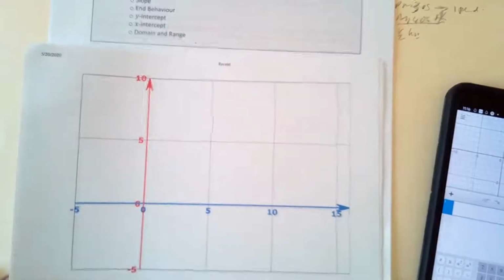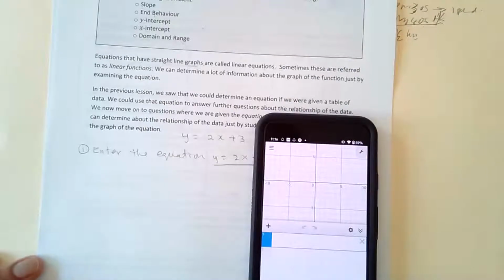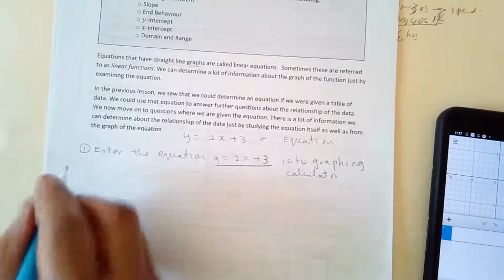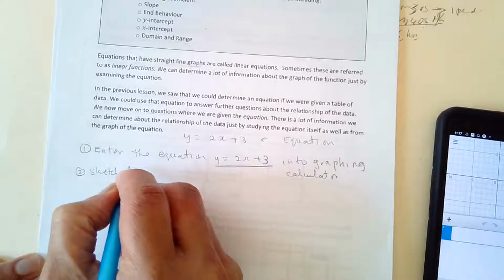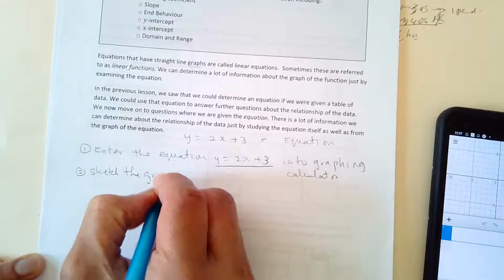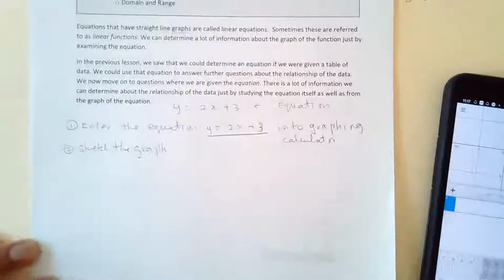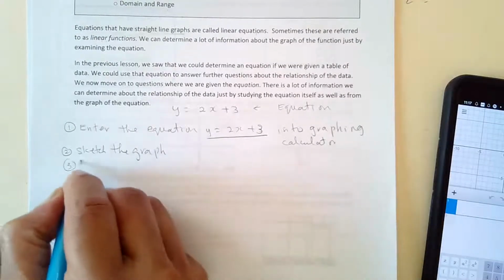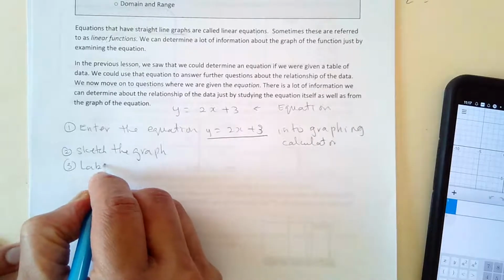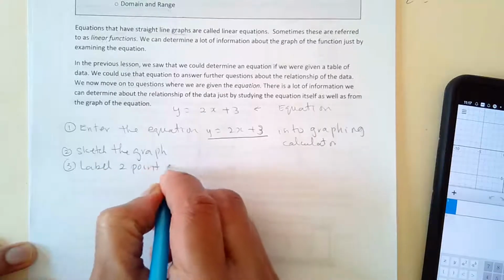We'll sketch a graph, right? So you need graph paper, a graphing calculator or Desmos, a pencil, a pen, and a ruler. Then the next step, we'll sketch a graph and label 2 points on the graph.